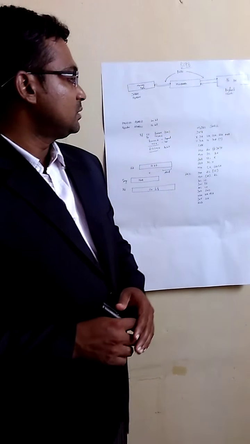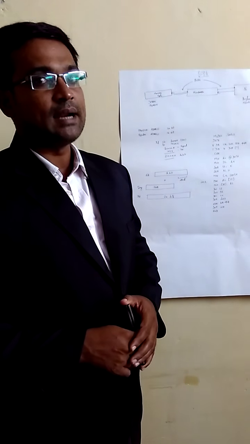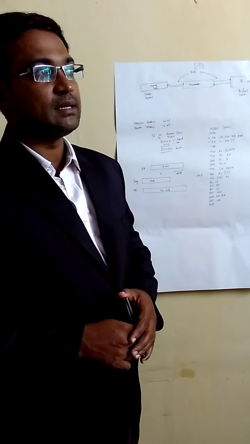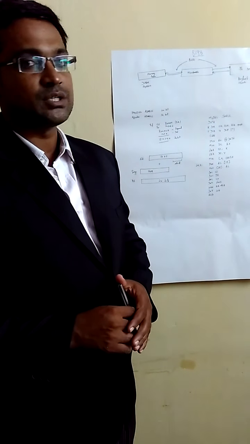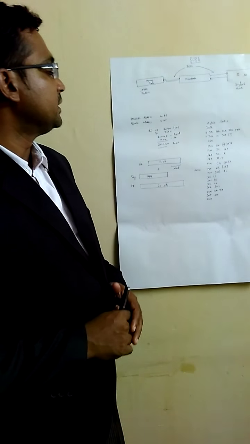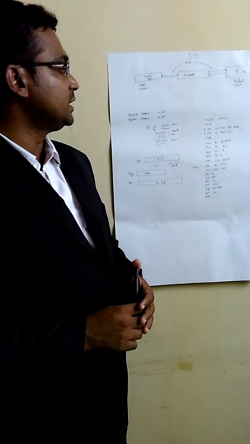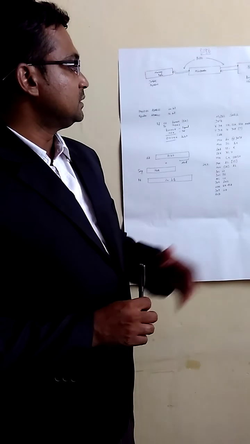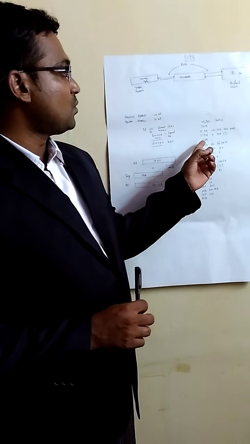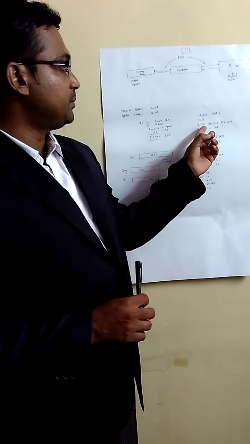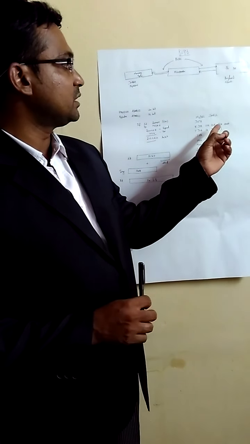The first line, .MODEL SMALL, tells you to add the library files where it has all the definitions for registers and other instruction sets. Next, we are going to give the data region. In the data region, X and Y are of type byte whose width is 8-bit and the values are given.